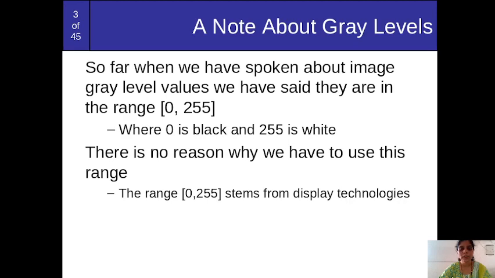There is no particular reason why we have to use this range, but surveys show that it comes from display technologies, and for better visualization, these many gray levels are sufficient for a human eye to perceive images in a good way.